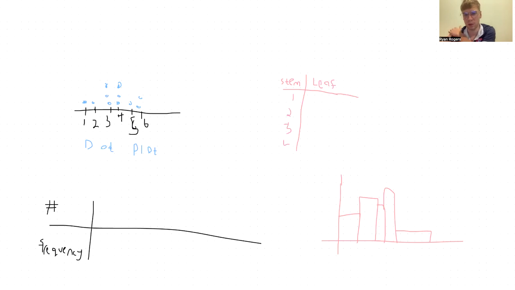And here's 0, here's 1. This could be 3. This could be another 3. This could be 4. This could be 0, 8, and then this could be 2. Okay, here's our nice pretty data. Well, I don't know about pretty.